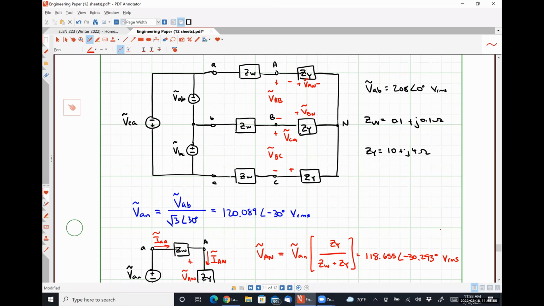As I believe it was Coy pointed out, the line current is simply this voltage VAN divided by these two impedances connected in series. That's a pretty trivial calculation. The phase currents at the load is the exact same thing as the line currents. So that's a pretty trivial calculation.